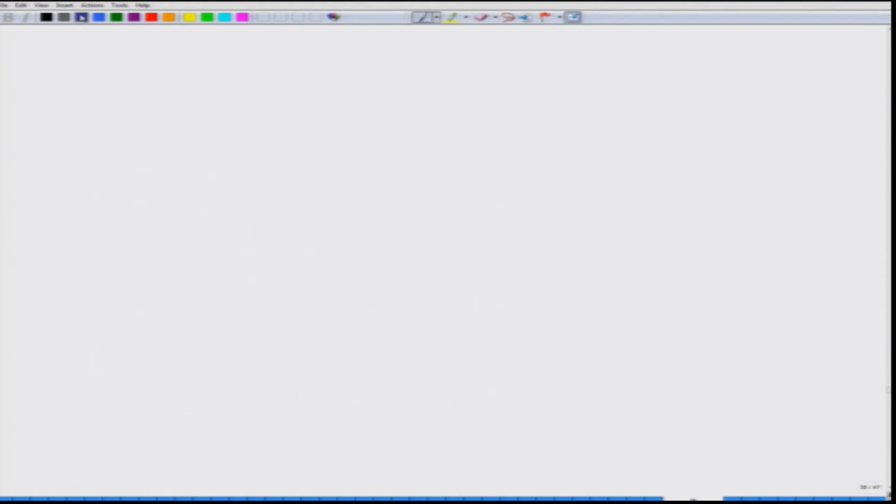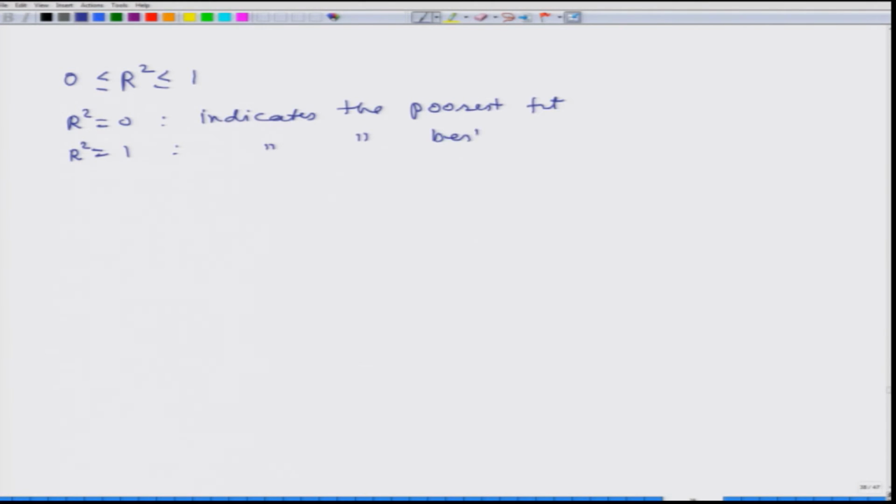So, now we see that the value of R square is lying between 0 and 1. R square equal to 0 indicates the poorest fit, worst fit, and R square equal to 1 indicates the best fit.